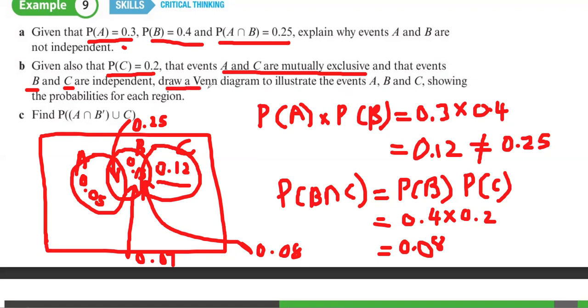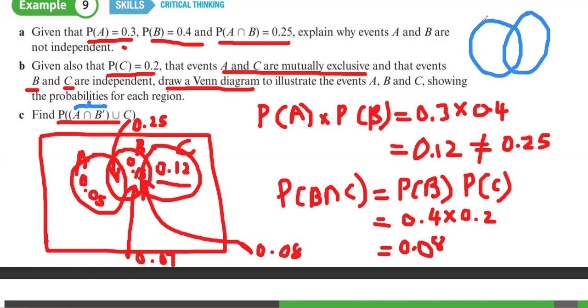Then you have to draw a Venn diagram. Then we have to find this much. What is the meaning of that? First, we have to find A intersection B dash. A like this, B like this. A means this area.